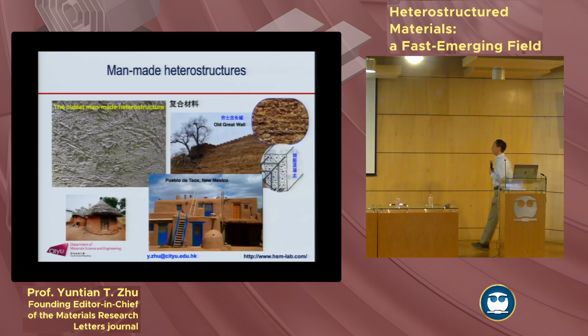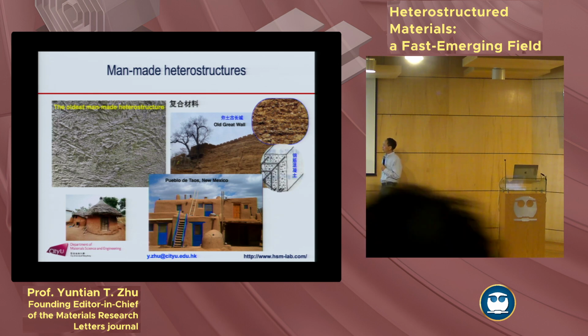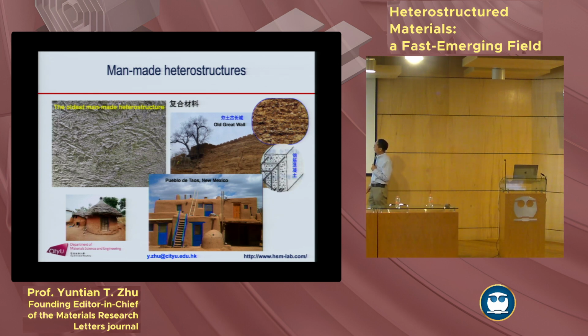Human beings have also been using this heterostructure for thousands of years. One example you might know is in New Mexico, in the Pueblo, in Taos, and also in Santa Fe.